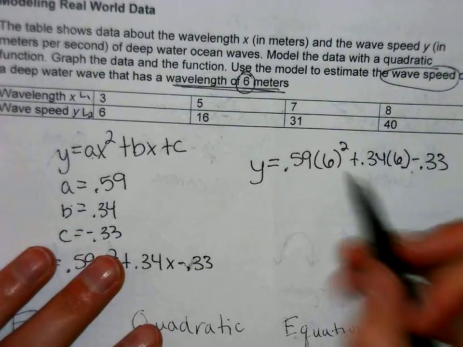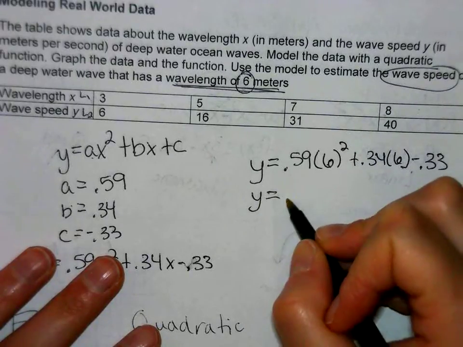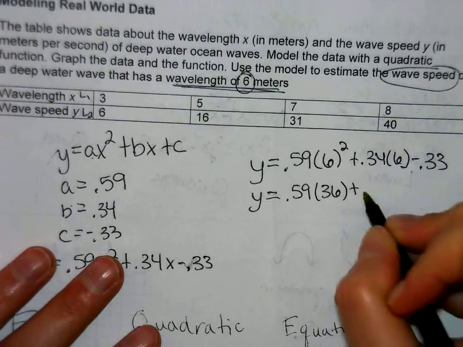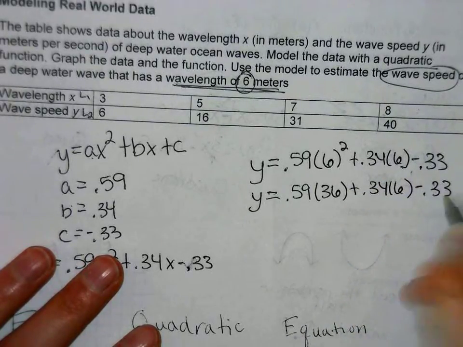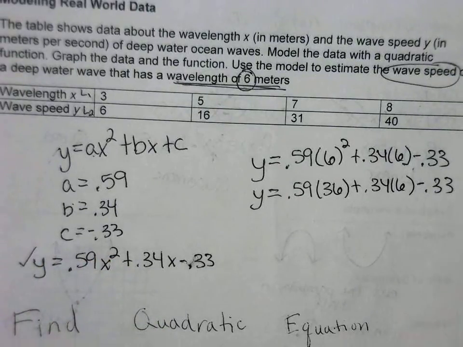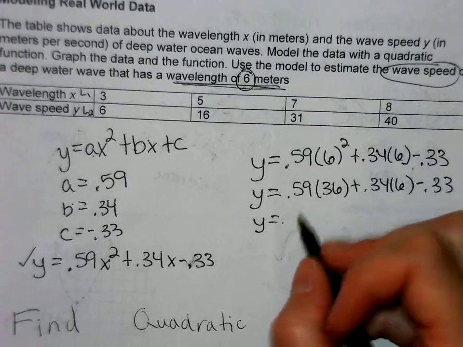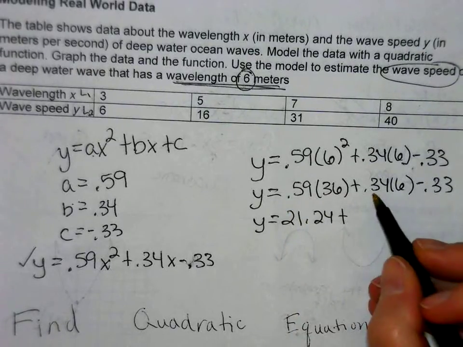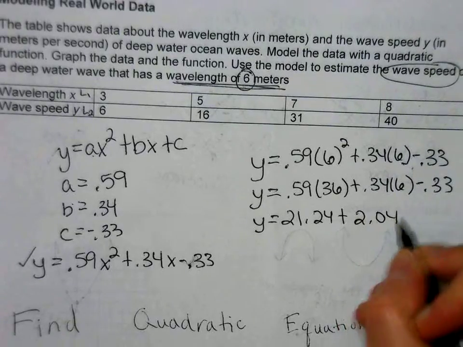With order of operations, we always want to do the exponents first in this instance. So 0.59, 6 squared is 36, plus 0.34 times 6 minus 0.33. Multiplication next. So 0.59 times 36 is 21.24, and 0.34 times 6 is 2.04.